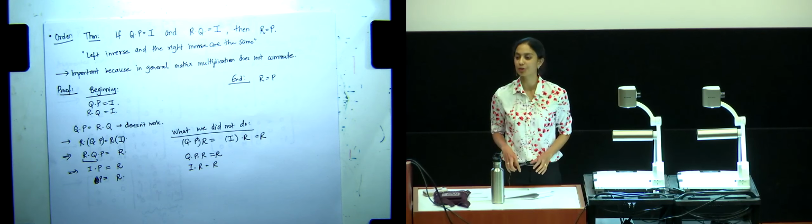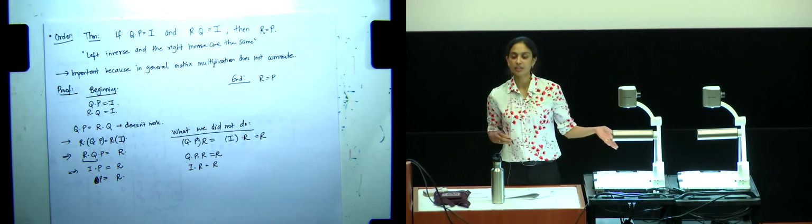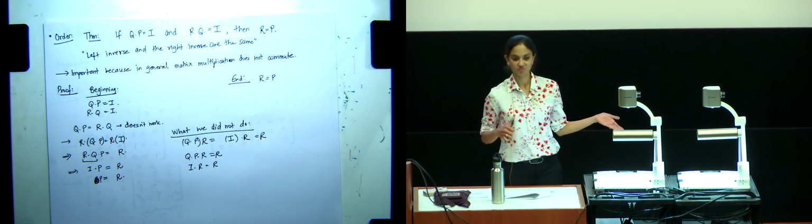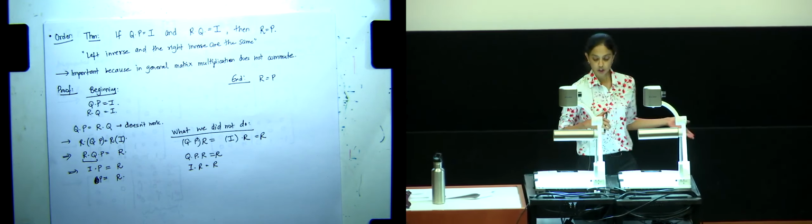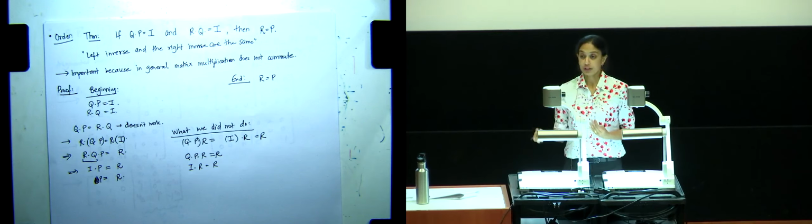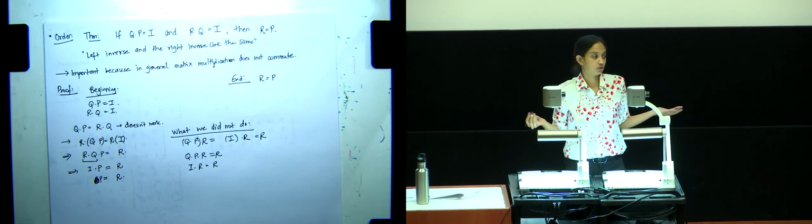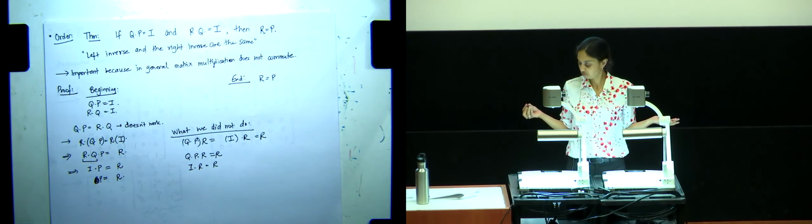What if f of x is equal to 0x? You give me a number, I multiply it by 0 and give it back to you. Can you recover your number? No, right? Does an inverse exist for f? Doesn't exist, right? So do you expect that inverses will always exist for all matrices? Nope.